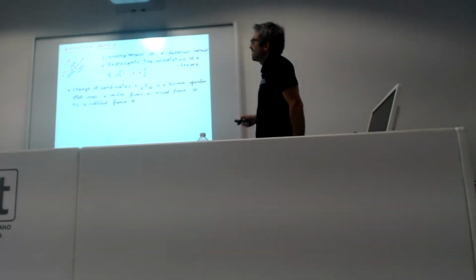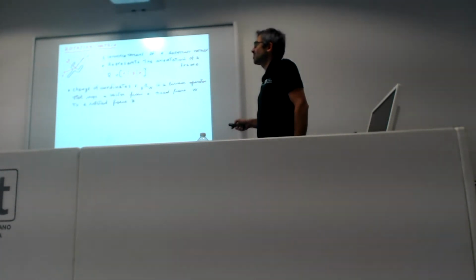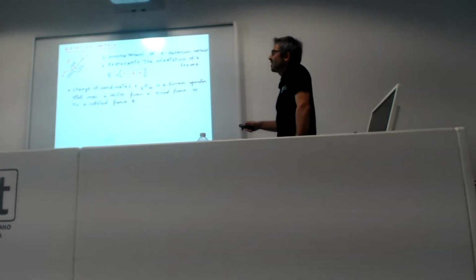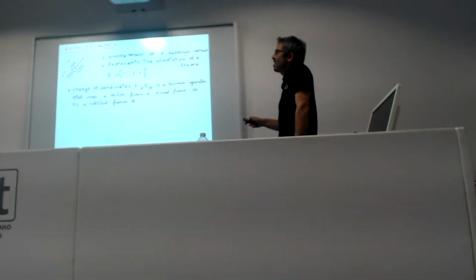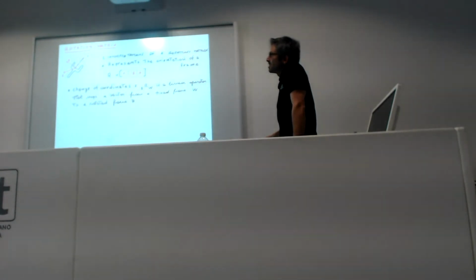The second interpretation is that the rotation matrix is like a mapping that changes coordinates. For example, R_WB is a linear operator that maps a vector from a starting frame, let's say a fixed world frame, to a rotated frame B. So it's a change of coordinates.